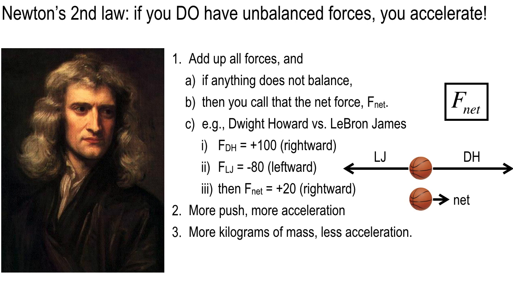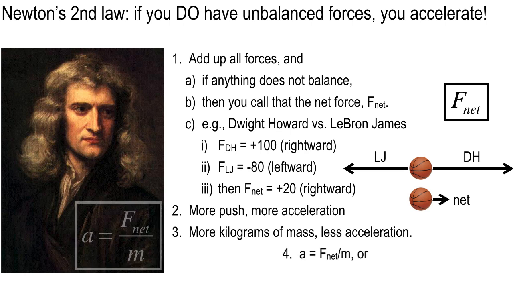Now, the formula that we have to measure to get the acceleration is basically this. That the acceleration is equal to the net force divided by the mass. All right?